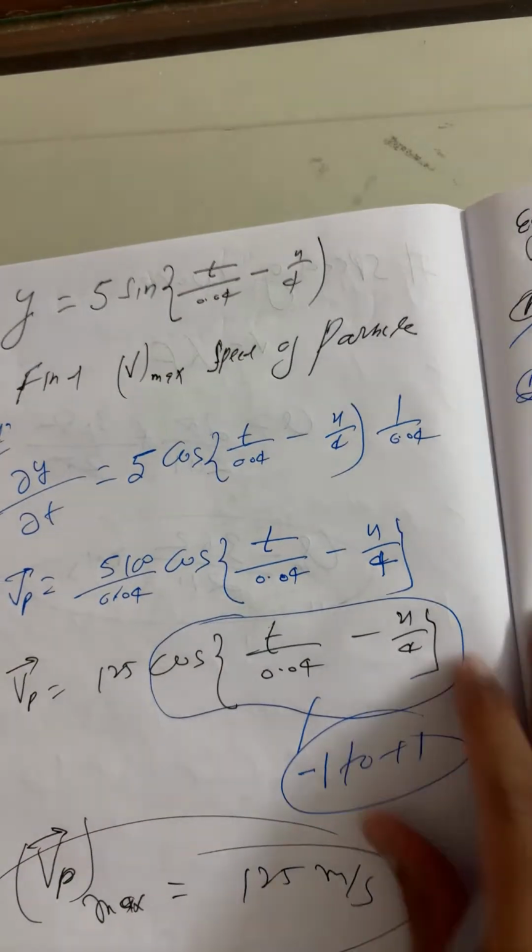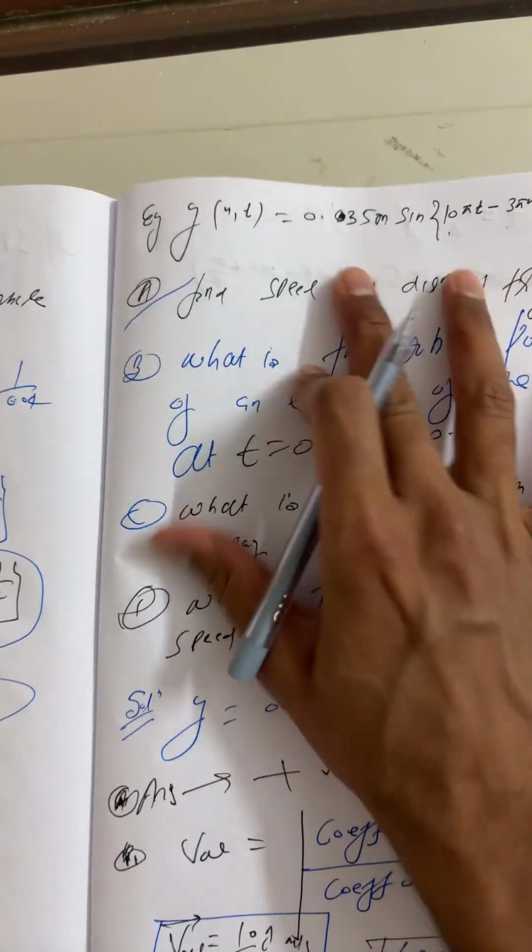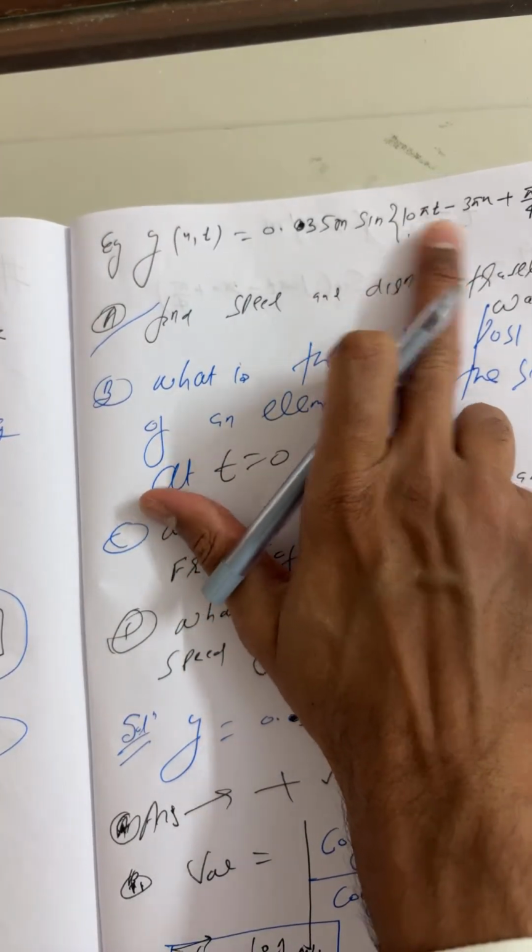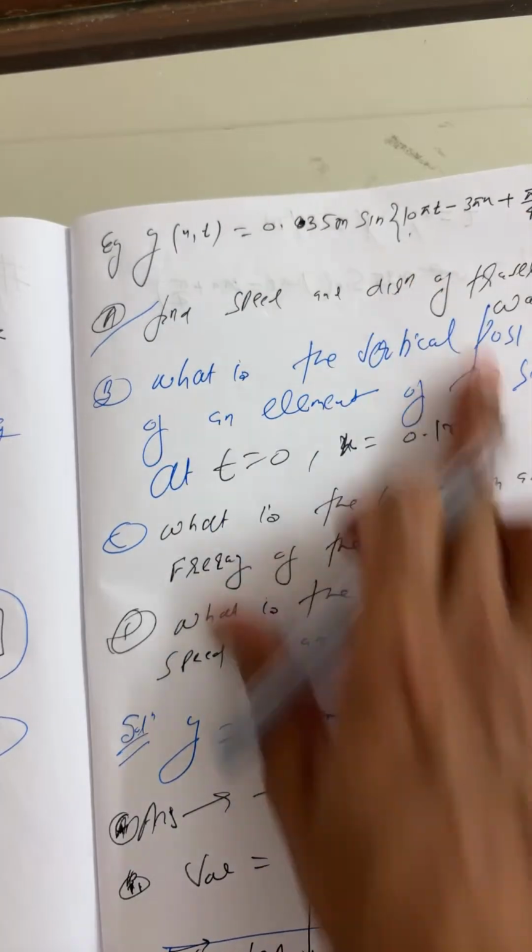Now this is correct, 0.035 sine of (10 pi t minus 3 pi x plus pi by 4). Correct, very good.